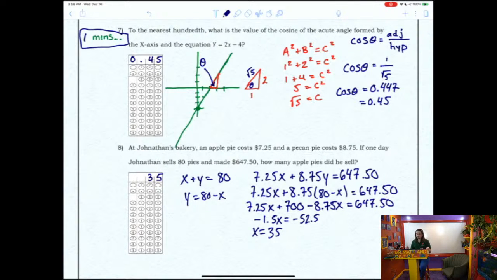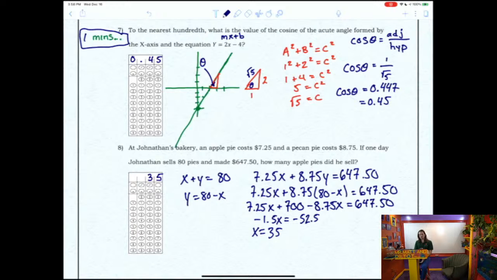Okay, so for number 7, if we draw out this line that has the equation of 2x minus 4, so the b value that's in the form mx plus b, so the b value there is going to be negative 4. That represents a y-intercept of negative 4. The slope is 2.